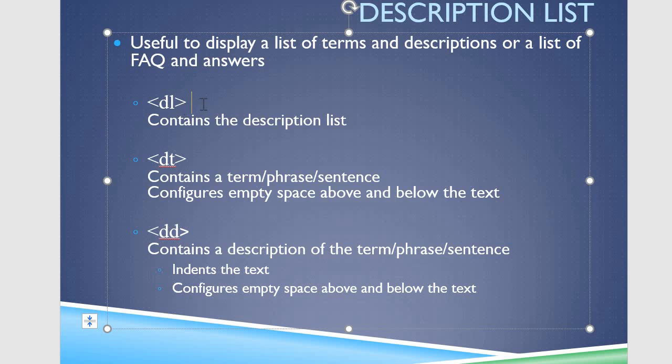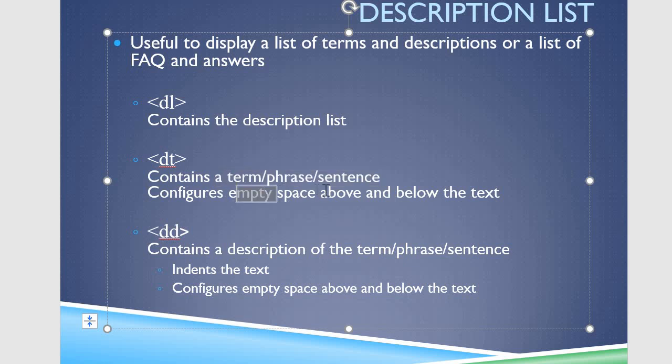It is also a type of HTML list. What are the tags we use for description list? DL, DT and DD. DL is the description list. DT is a description term, a phrase or a sentence.